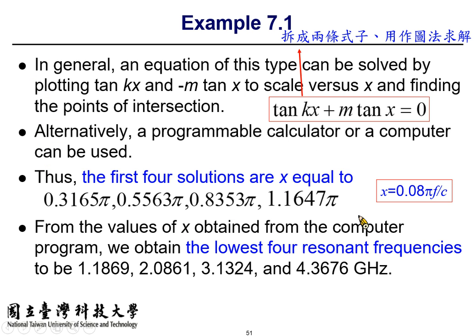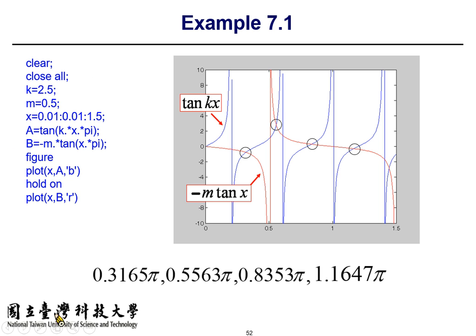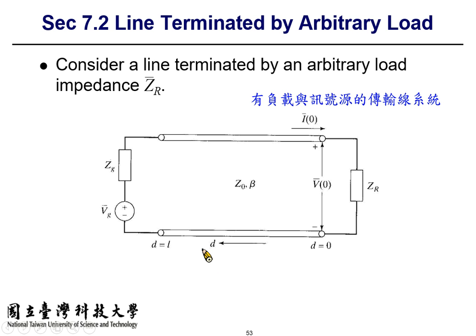So, according to the solution for x, you can find the lowest resonant frequencies are 1.18, 2.08, 3.13, and 4.36 gigahertz. You are recommended to play with this by yourself on your own computer. Okay.